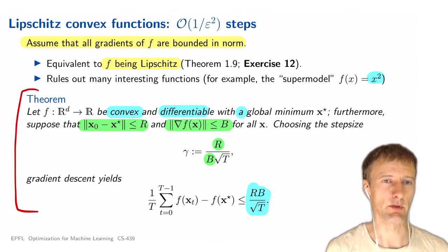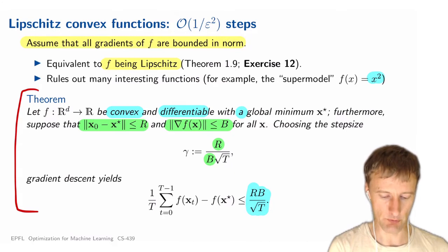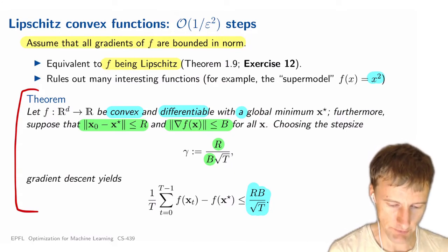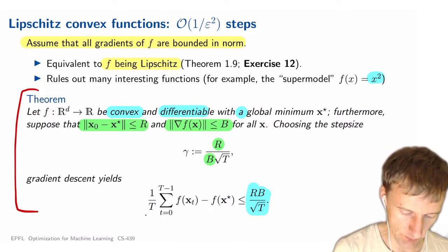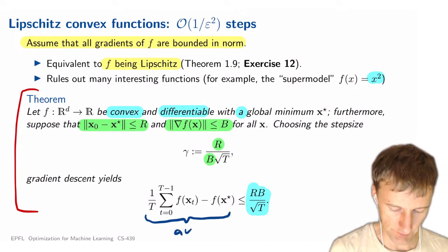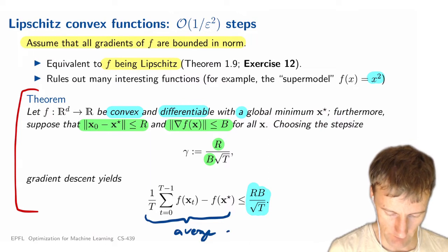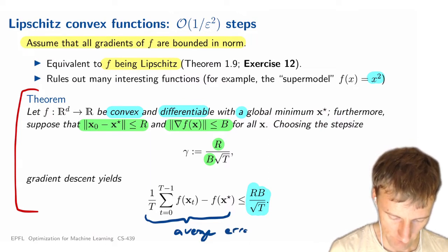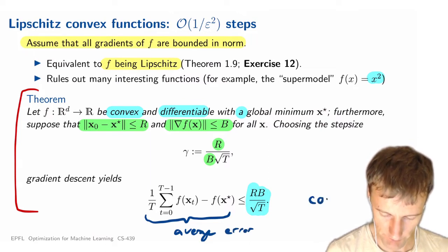Capital T is the number of steps you do, which can be arbitrarily large. It's just telling you that, depending on how many steps you do, your average error will be of this order of magnitude. So this is the convergence result.